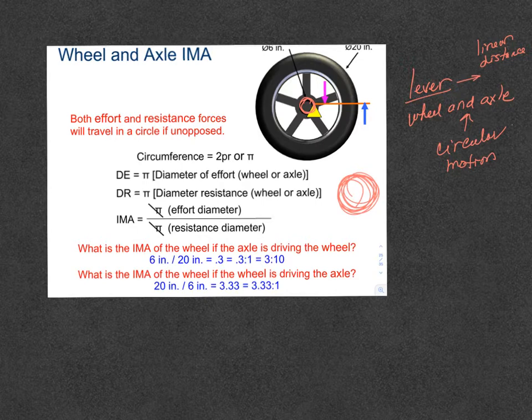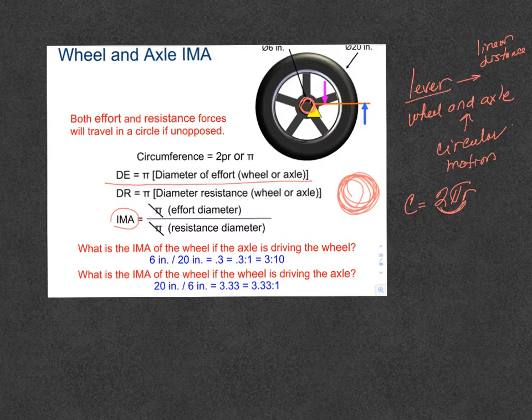Let me explain that one more time. In order to write the ideal mechanical advantage equation, they were using the circumference equation. Remember, the circumference gives you the linear distance of a circle, and the equation for the circumference is 2 pi r.